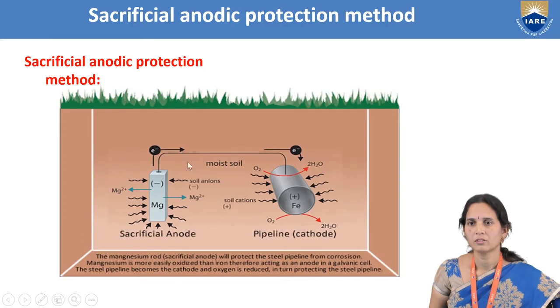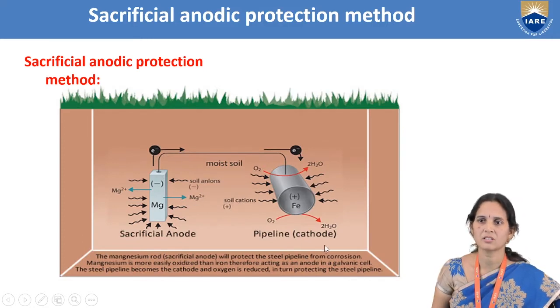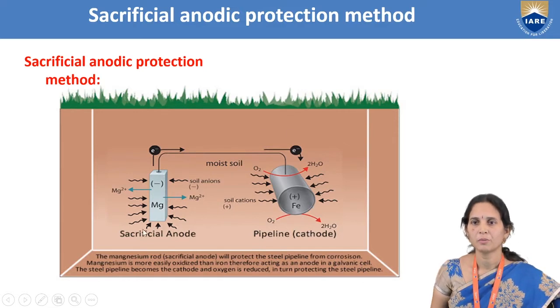We can understand it by this example also. The iron pipe is now behaving as a cathode. We are protecting the iron pipe, the base metal, by connecting it to the sacrificial anode magnesium. That is undergoing oxidation and losing electrons.